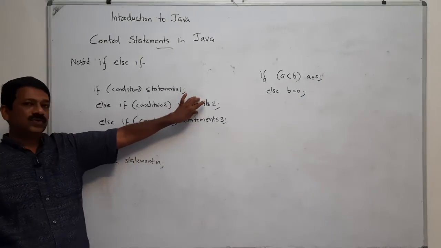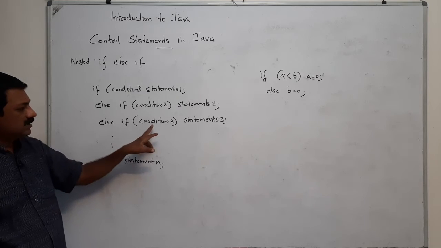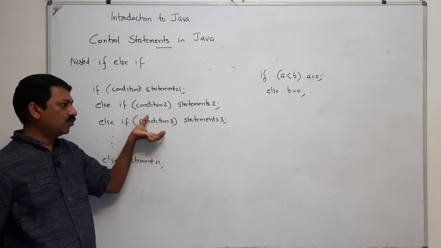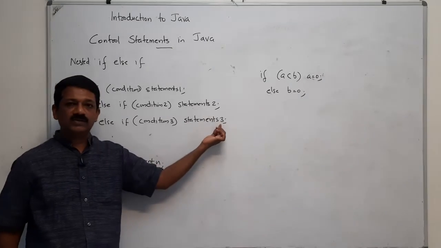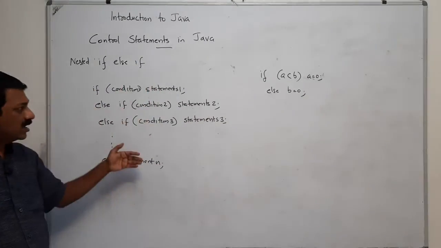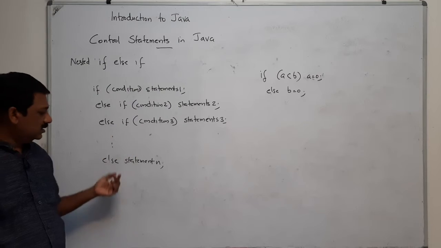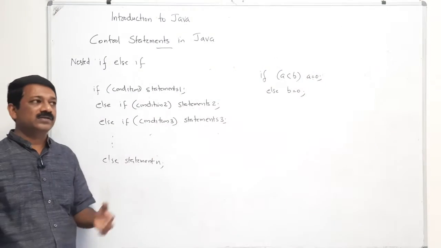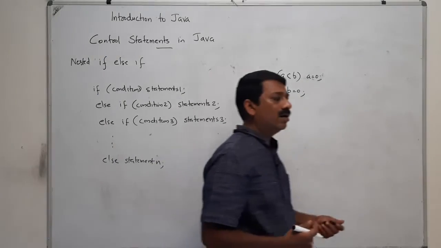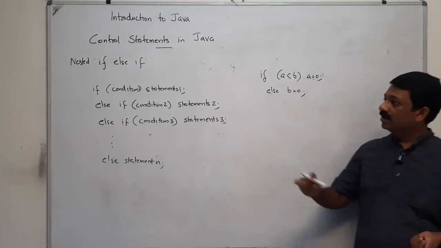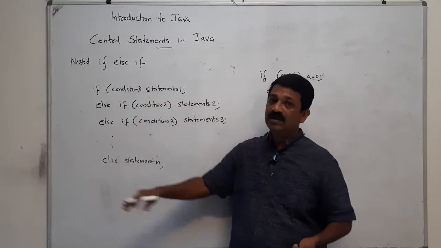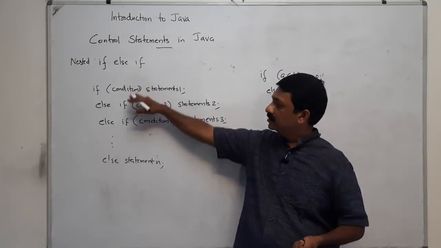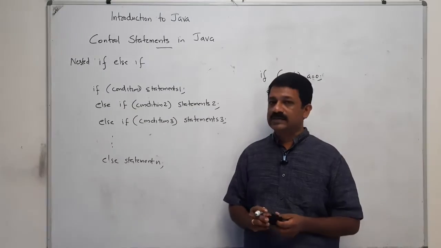And if this condition also fails, then it evaluates the next condition, and if it is true, that sequence of statements is executed. And likewise, if all these conditions fail, finally it will execute the last set of statements. That means this if else can be nested to any length, any level. This is nested if else.